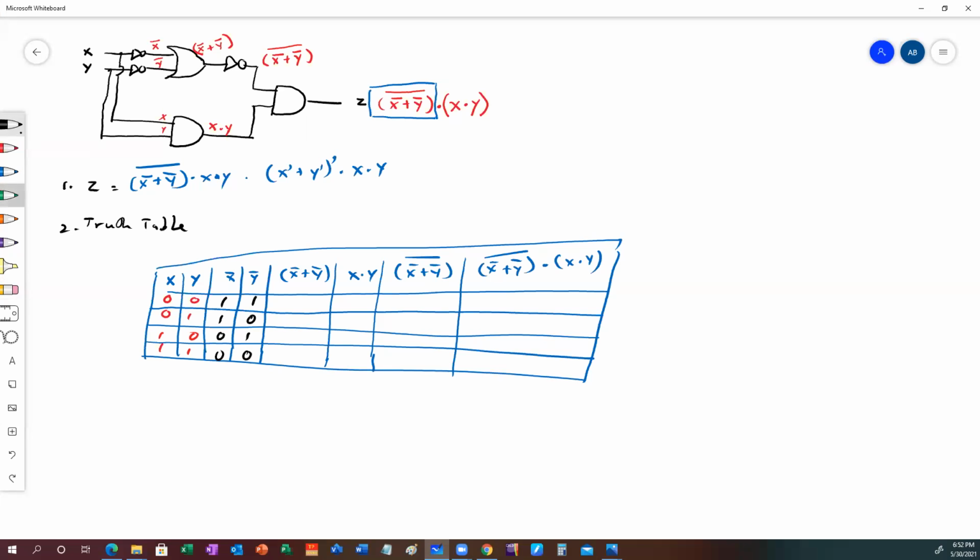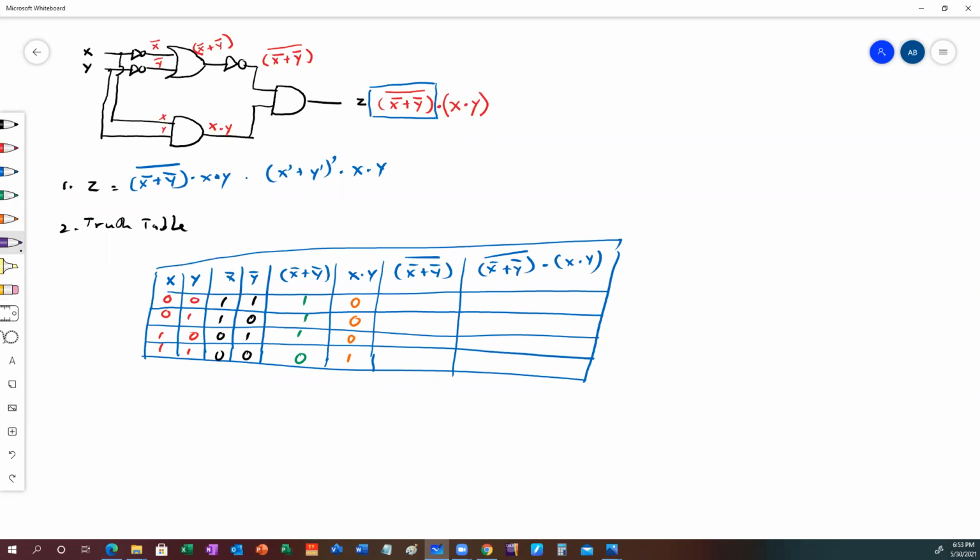Then let's move to X bar or Y bar. These two give 1 1 1 0. Then let's get X and Y. You get 0 0 0 1.